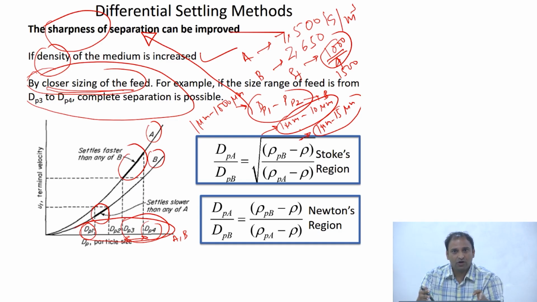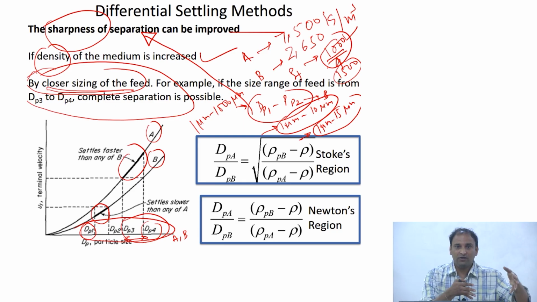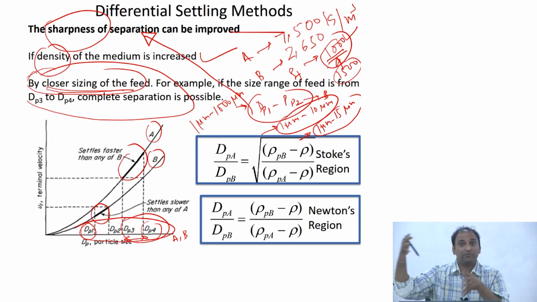We're going to have a tutorial question in the next class, where you look at this example: if you use a density like 1000 kg per meter cube, you look at what size range comes as a pure fraction. If you work with a fluid of higher density, you will see an expansion, an expanded size range in both the A type as well as the B type.